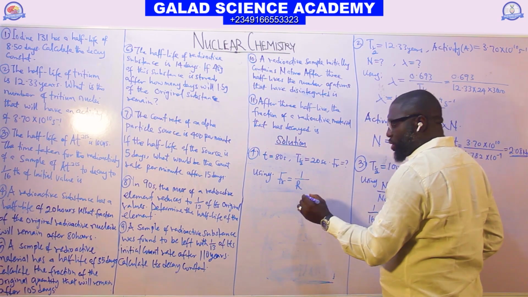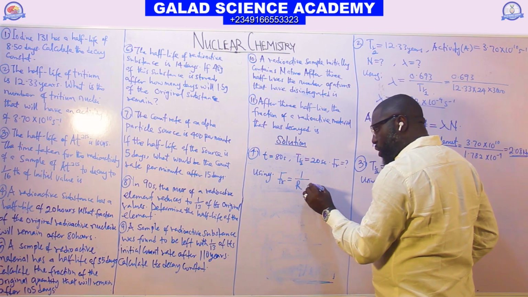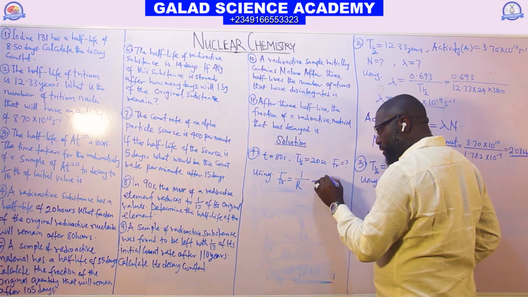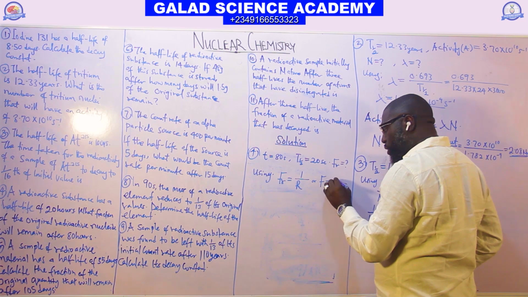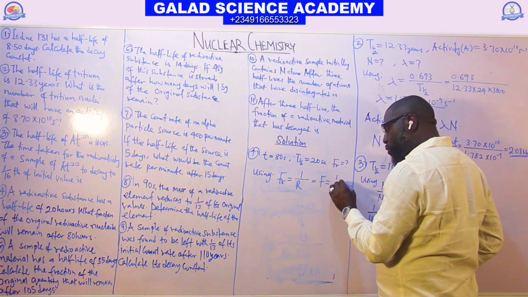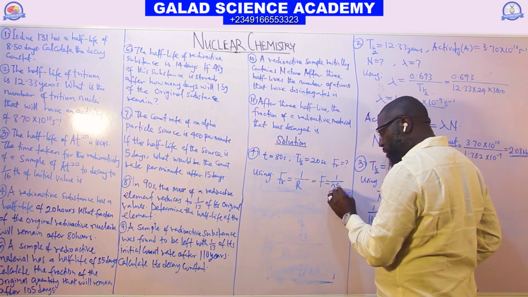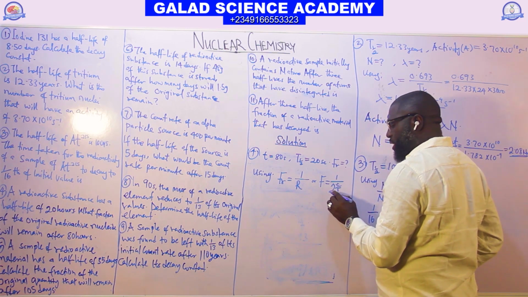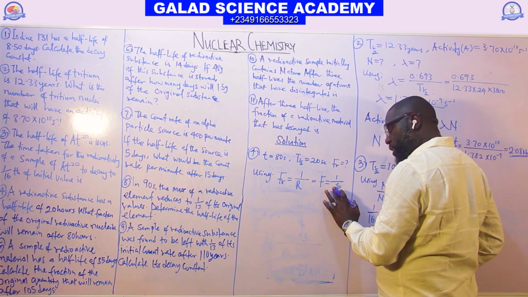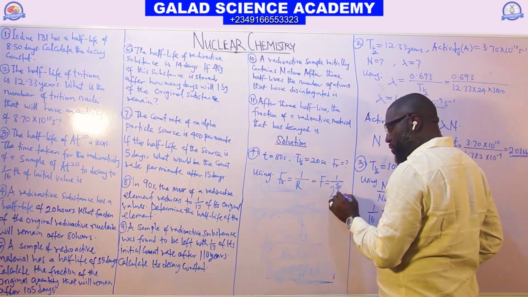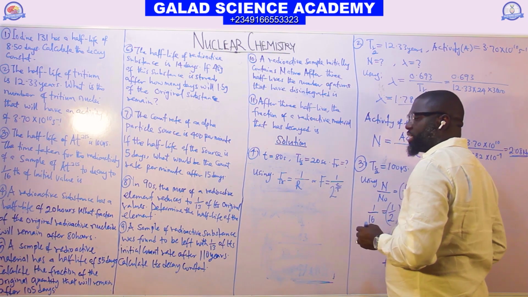And this R, we know that F is equal to 1 over 2 to the power small t over capital T. If you check the formula I gave you, you have it like this there.